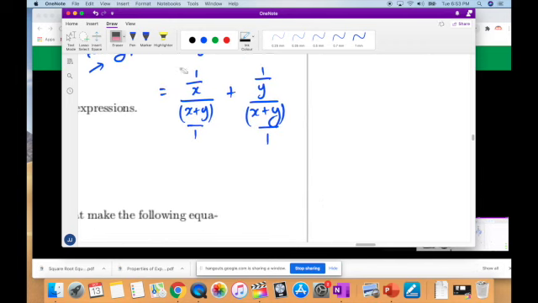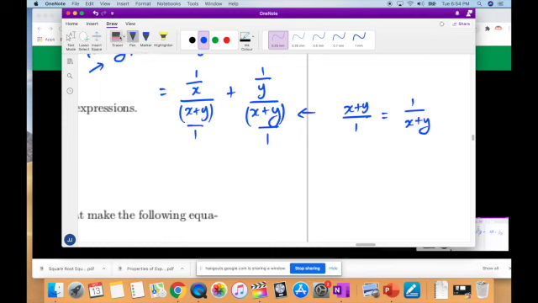You understand that if I have a fraction a over b all over c over d, I take the denominator and invert it, right? Well, look at this denominator. This denominator is x plus y over 1, isn't it? So if I invert that, I'll get 1 over x plus y. And?